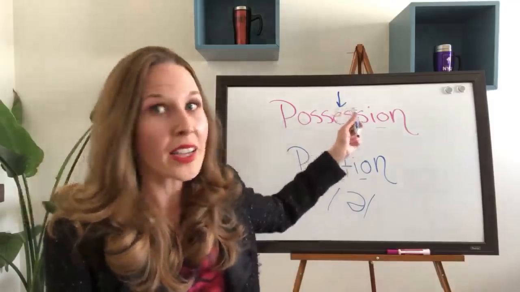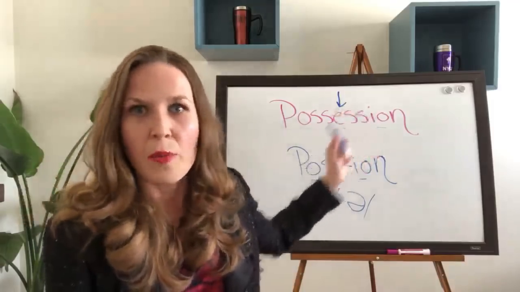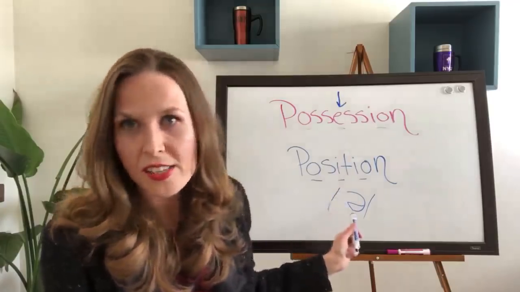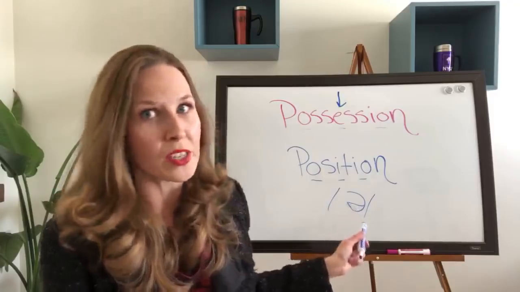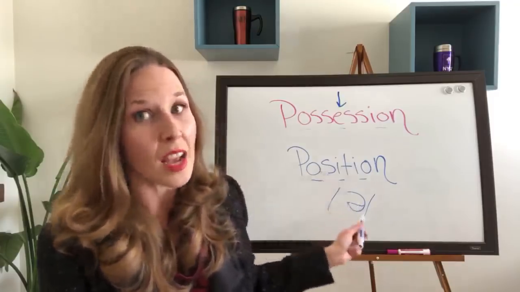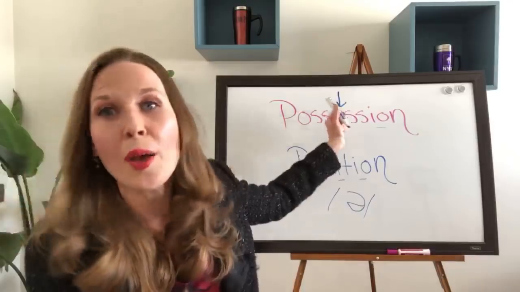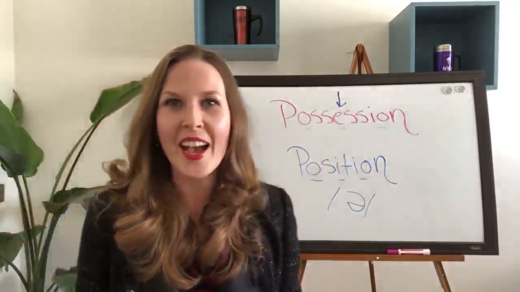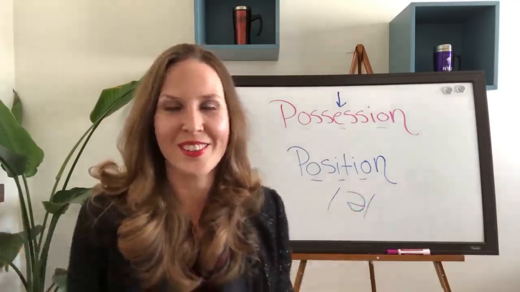My schwa cannot be at number 2 because the schwa is always unstressed. Always, no exceptions. So if the schwa is unstressed, it cannot be where the stress is. Now, where's the schwa?